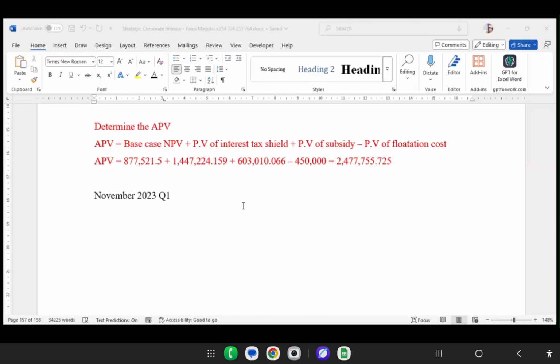Adjusted present value. Let's work on it together.